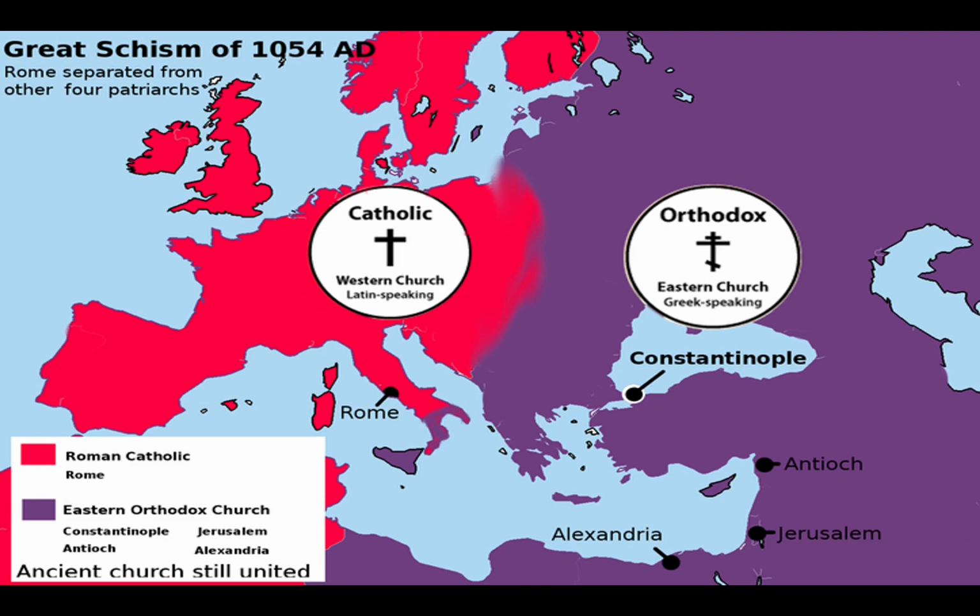It was supposed to be Leo the Ninth, but when these messengers arrived in Constantinople, they were received by Michael Cerularius, and he told them, now you have to call me ecumenic patriarch, ecumenic authority. That means universal authority.